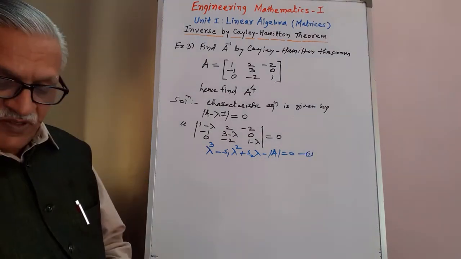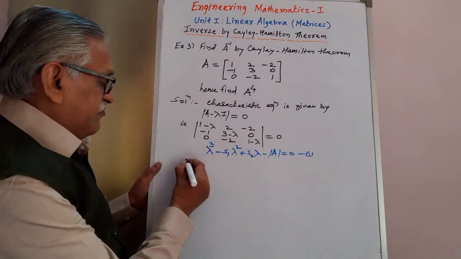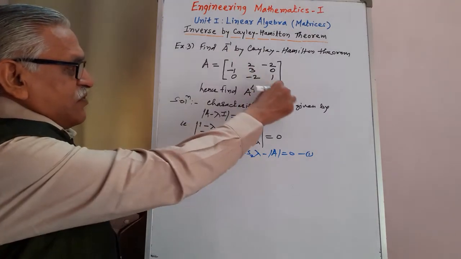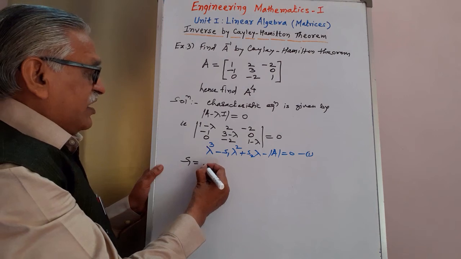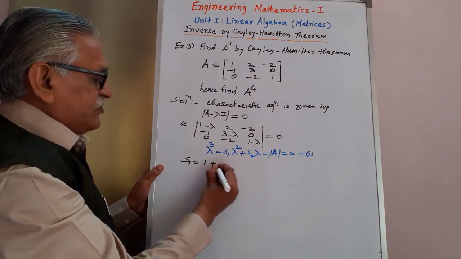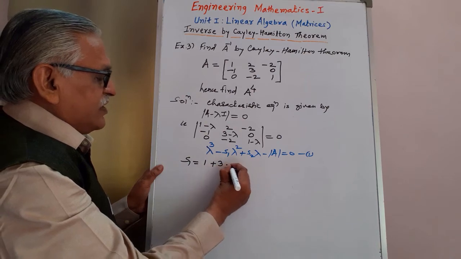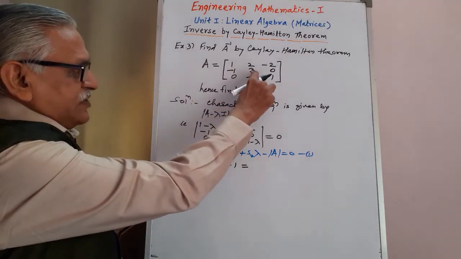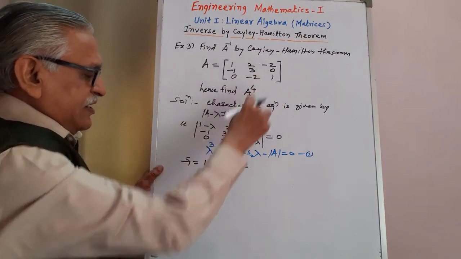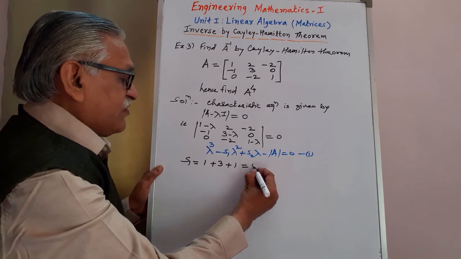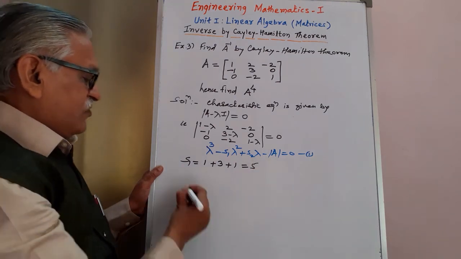We call this equation 1, where the value of s1 is obtained by taking the sum of all the principal diagonal elements. First one is 1, second diagonal element is 3, and third one is 1. It is a11 plus a22 plus a33. Therefore 1 plus 3 plus 1, 4 plus 1 we get that element as 5.